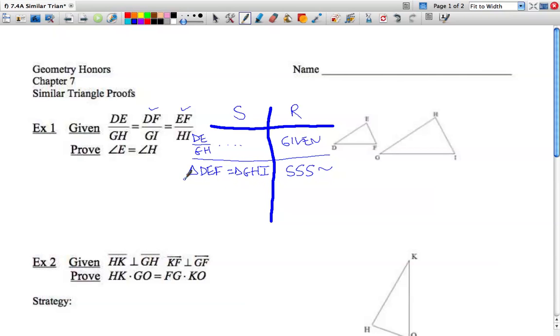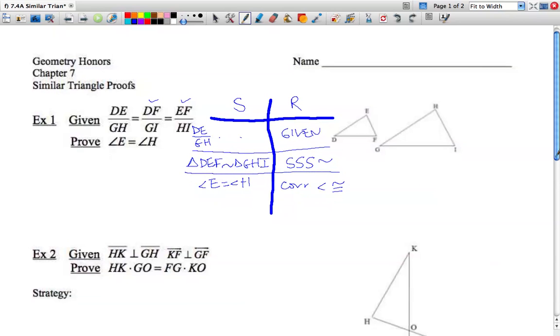So that's just a way for you to double check that you line everything up correctly. Once we show these two triangles are similar, which we need to do right here, then we can say that angle E equals angle H by corresponding angles congruent, which is one of the definitions of similarity.